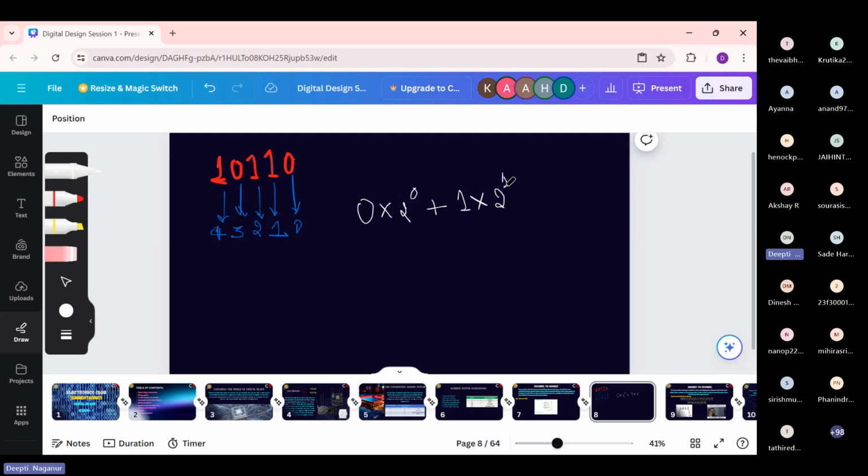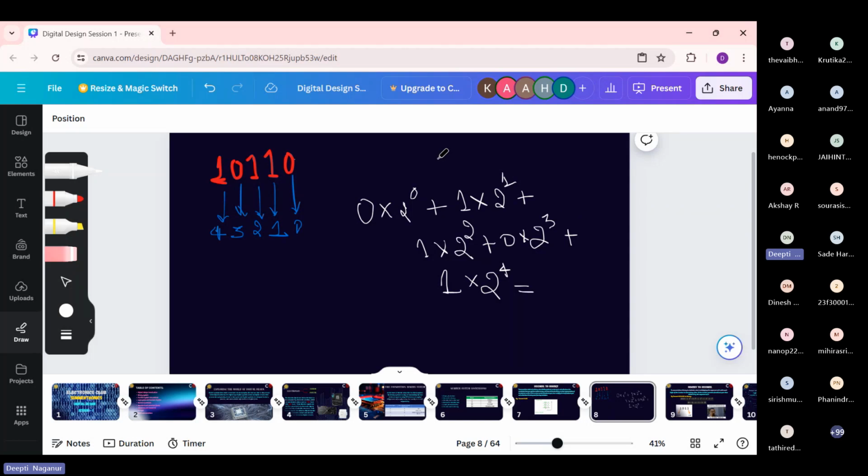So 2 power 1 plus I take 1, multiply this with 2 power the index of this number, which is 2, plus I take 0, 2 power 3. Okay, plus 1 into 2 power 4.